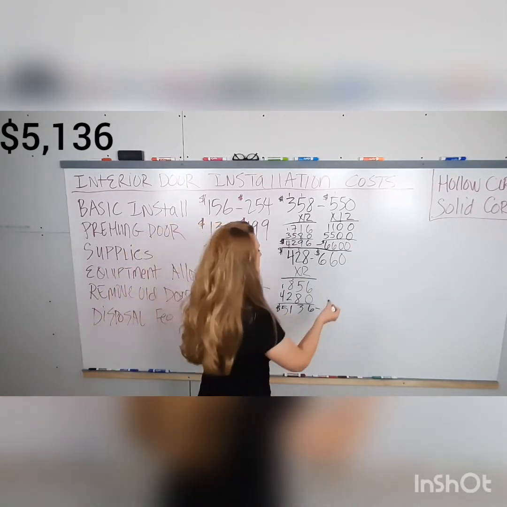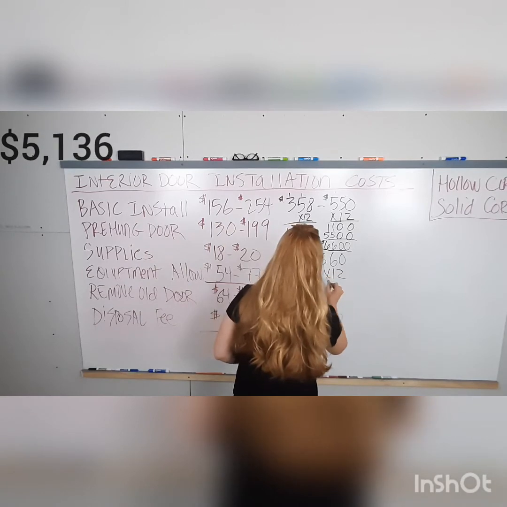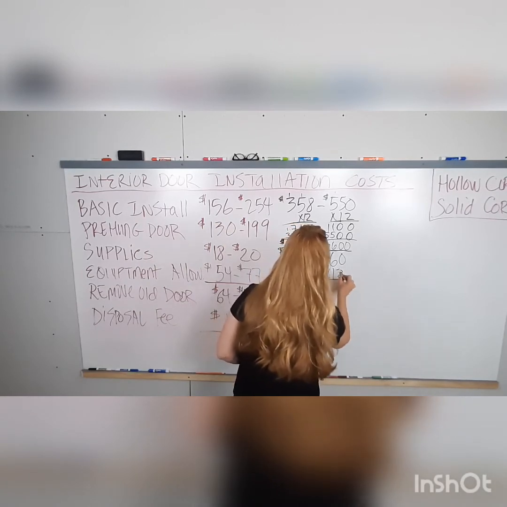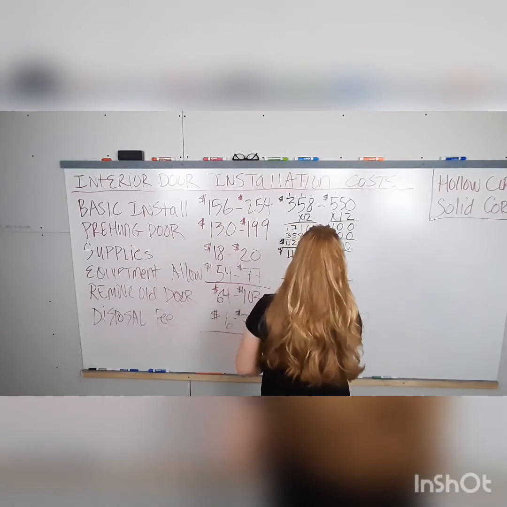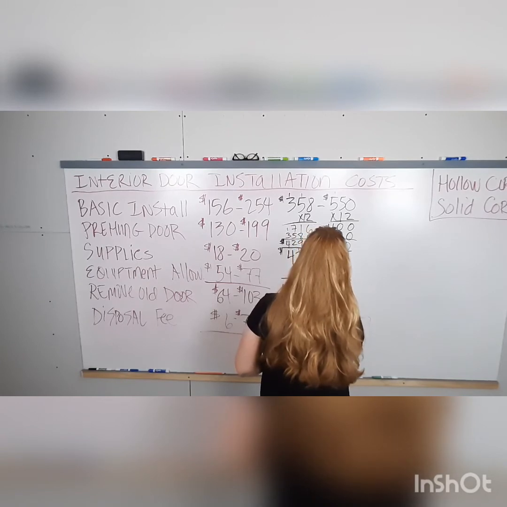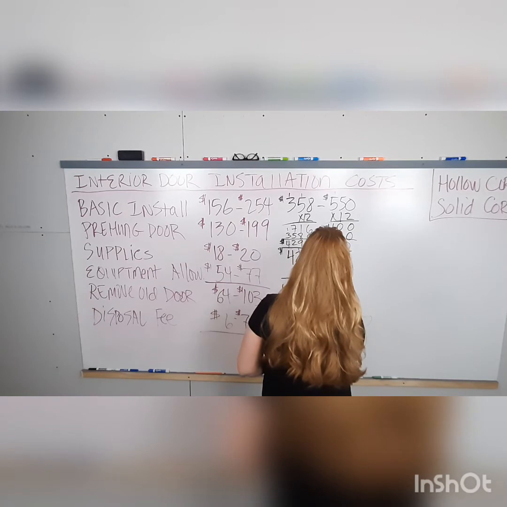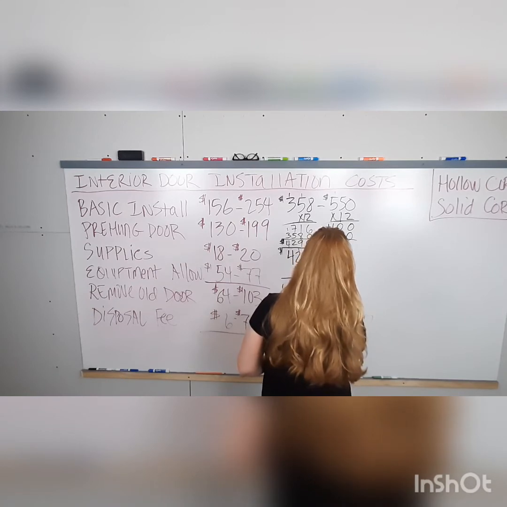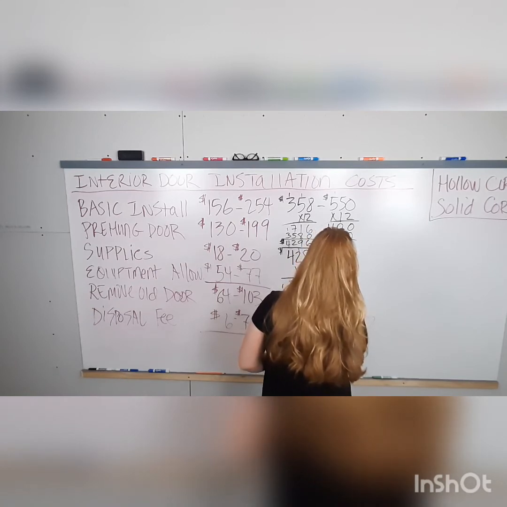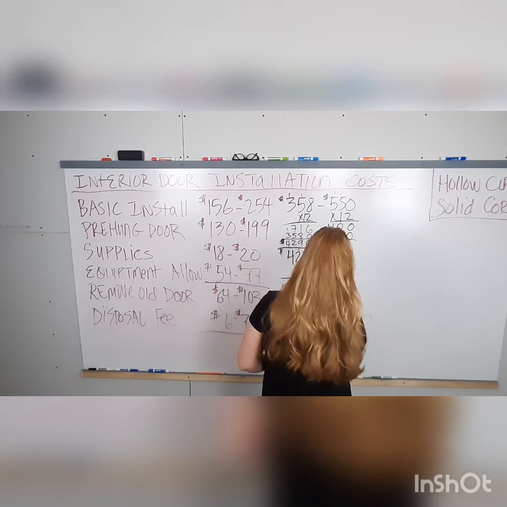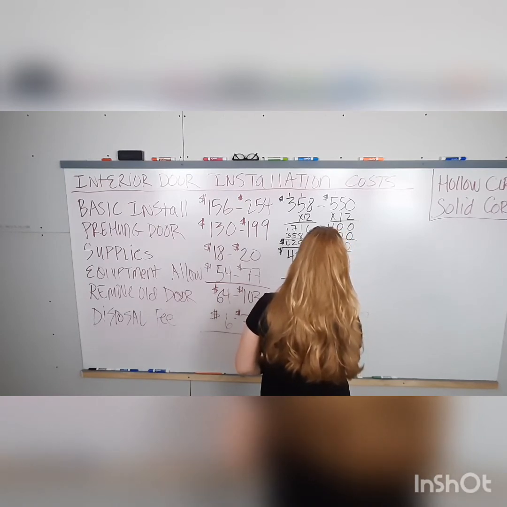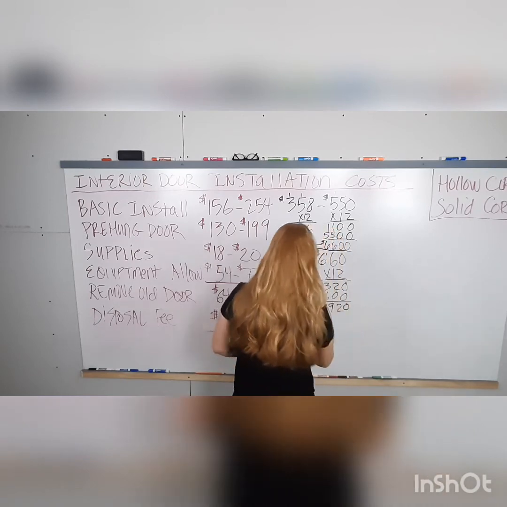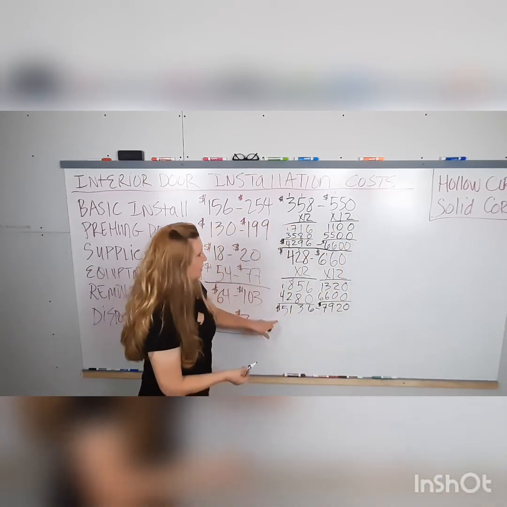That's wow. Okay, let's do the upper end of this. 12, 13. Okay, so we got a 0, 6, 6, and add up. We get this 9. Oh, wow. $5,136 to $7,920.